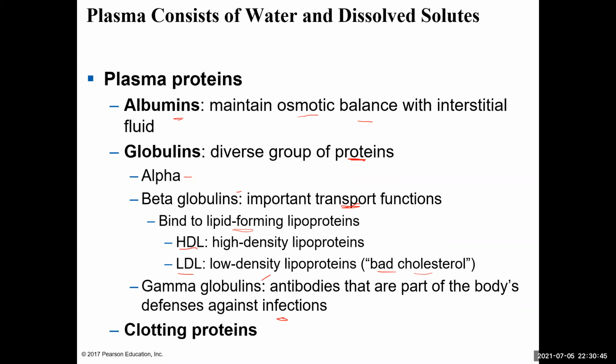Other proteins found in the plasma are the clotting proteins, which help whenever you have an injury, such as a cut or an open wound. They make sure that we don't lose a lot of blood, and help seal up those wounds before we lose too much blood.